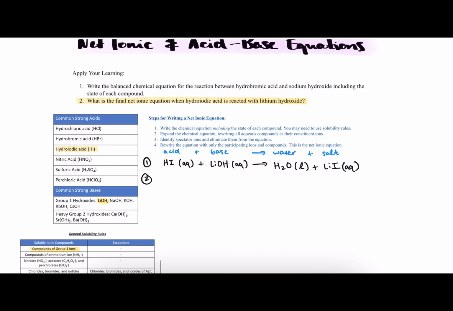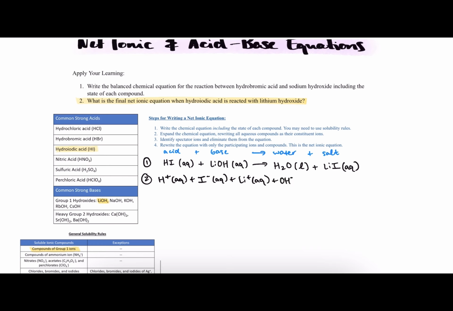In step number 2, we need to expand the chemical equation, rewriting all aqueous compounds as their constituent ions. And you can refer to the periodic table to see what charge each ion would have, but I'll go ahead and write them here. Hydrogen will have a +1 charge. Iodine will have a -1 charge. Lithium is +1.